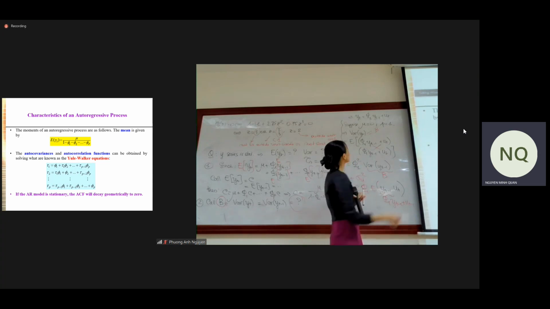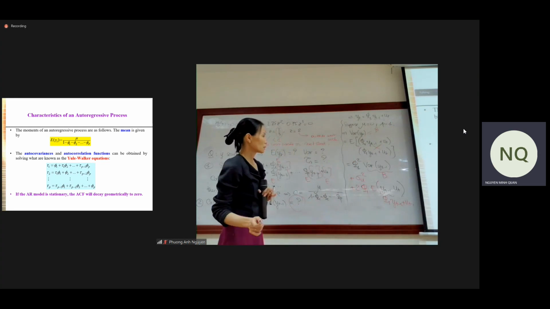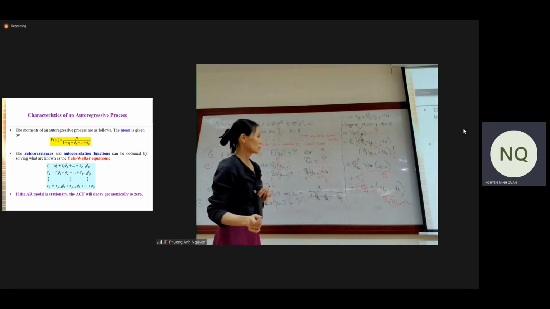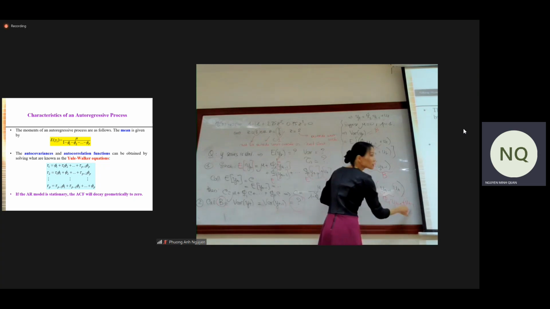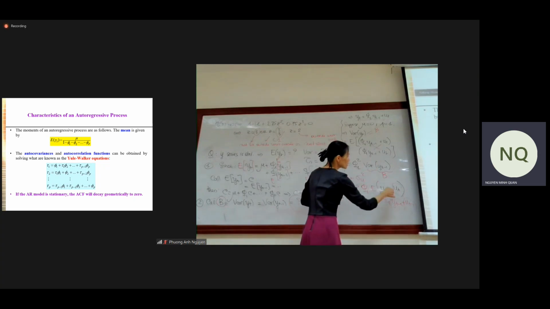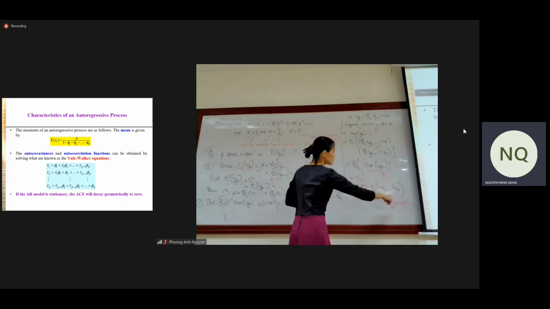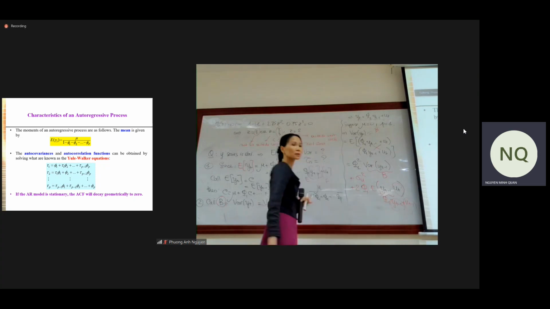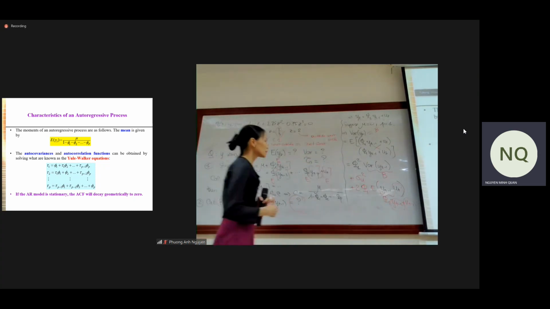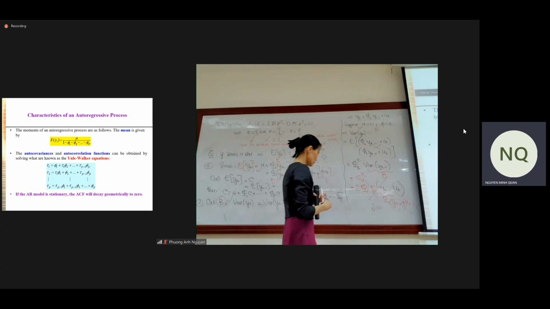I use this again for yt minus 1. So this one and that one give you 0. Again, you continue and always get 0, and the lag will decrease somehow. So the second term gives you 0.